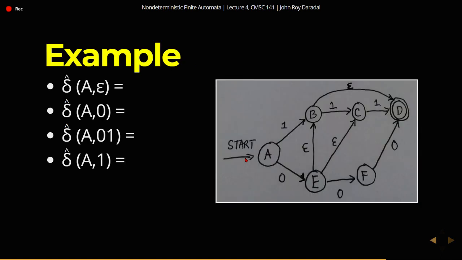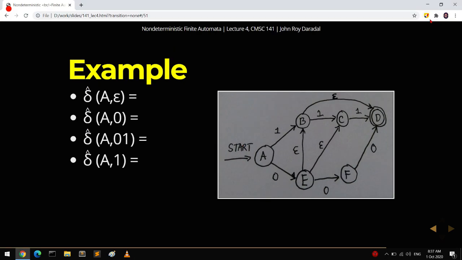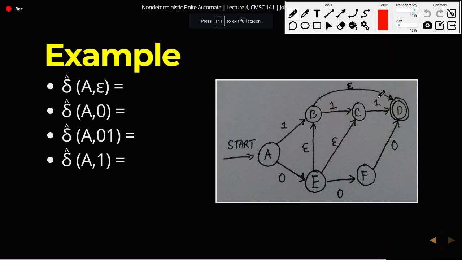Okay, so let's see an example of that here. What is the delta hat of A given input string epsilon? Since we're not processing anything, we can just take the epsilon closure of A, which is just A, right? Since you're not processing anything, you will stay in A, but there might be epsilon transitions, right? So what is the epsilon closure of A?